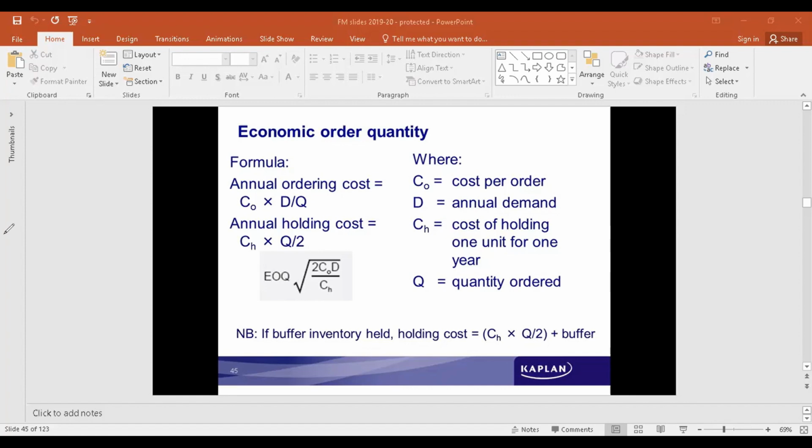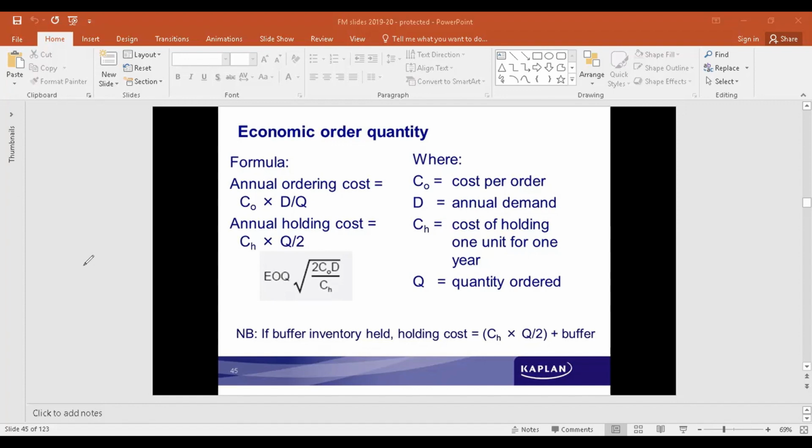But would they purchase the total requirement of material in one go? Let's assume that it is 50,000 units of material which is required in a year, a very basic example. If they purchase all 50,000 units in one go and store it, they will have to spend a lot of cost on storing this material, which is consumed gradually throughout the year.